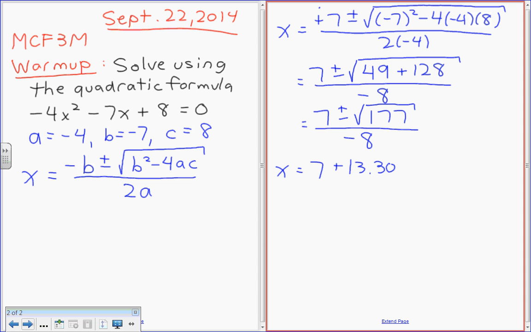We're going to get our two roots, 7 plus 13.3 over 8, or 7 minus 13.30 over 8. That's good. Jake, what is 7 plus 13.3? Very good, 20.30 over 8. Who we got next? Hannah, can you please do 20.3 divided by 8 for us, please?